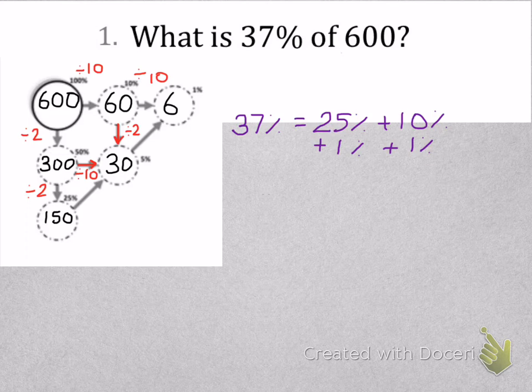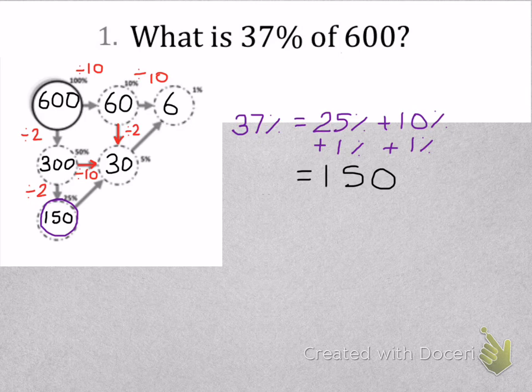So let's have a look at our bubble diagram and find 25%. So there it is. 25% is 150. So I'm going to write that in. 150. Okay, then I'm looking for 10%.